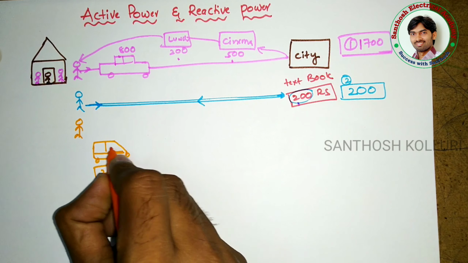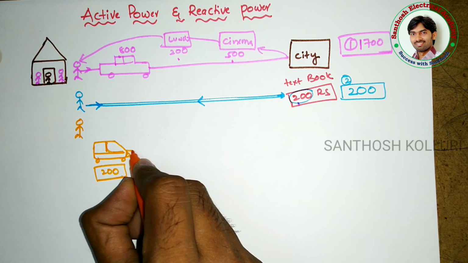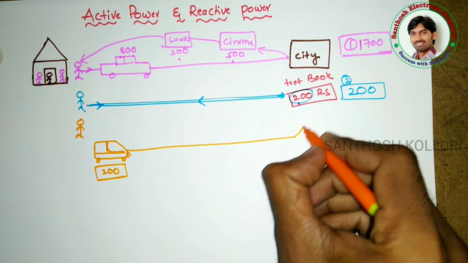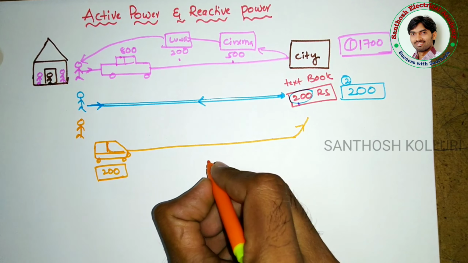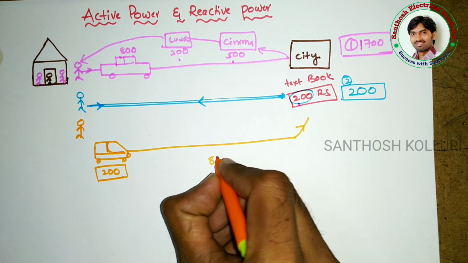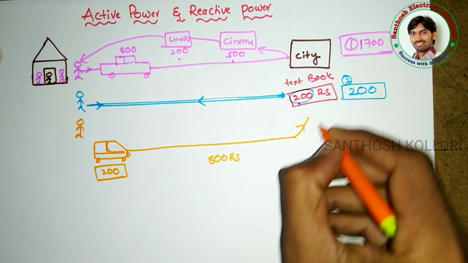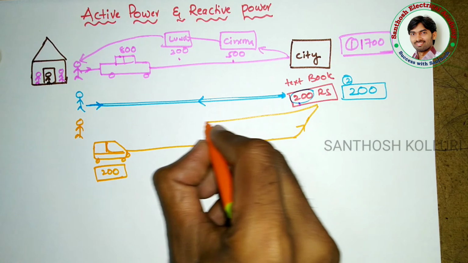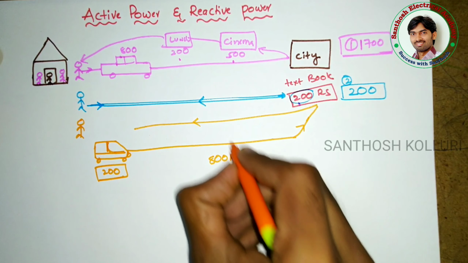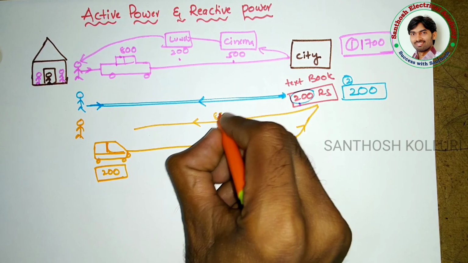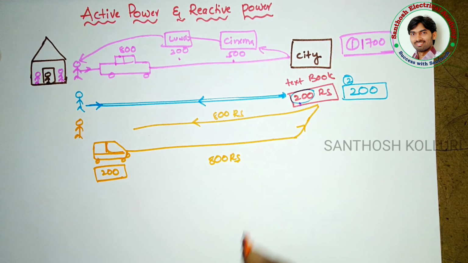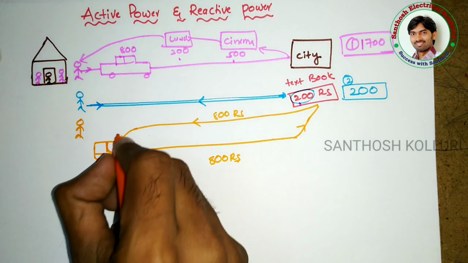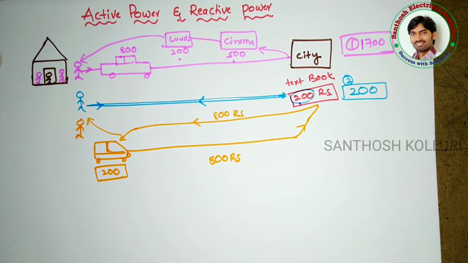He travels from his home to the city by taking some passengers, and he gets around 800 rupees. He buys the textbook, then comes home again by taking some passengers, again getting 800 rupees. Then he gives the auto back and comes home.